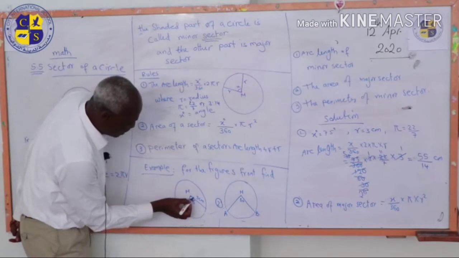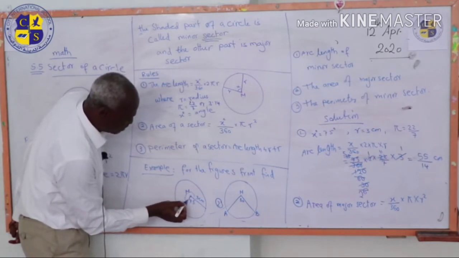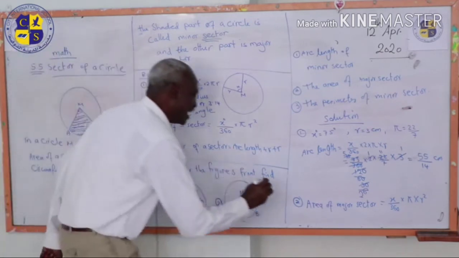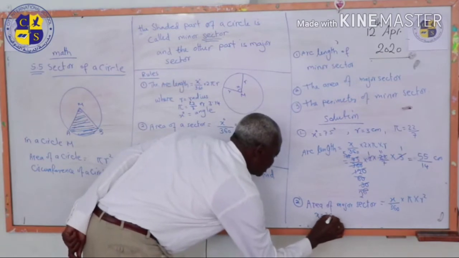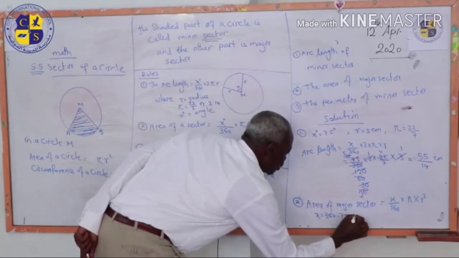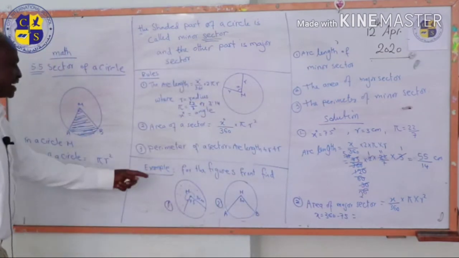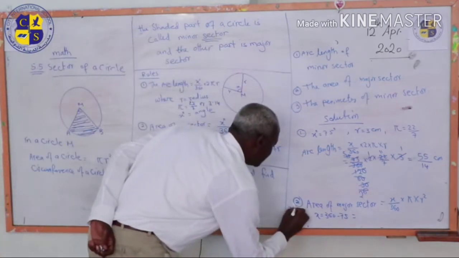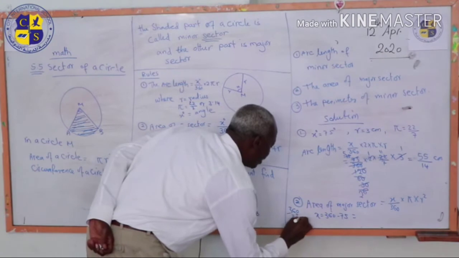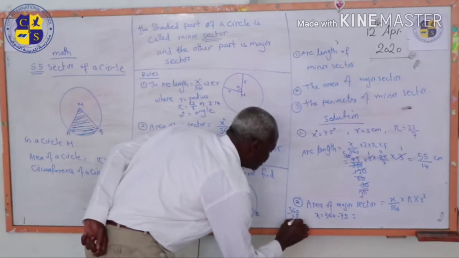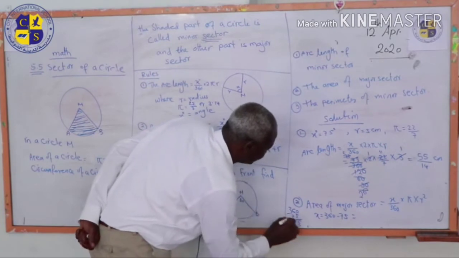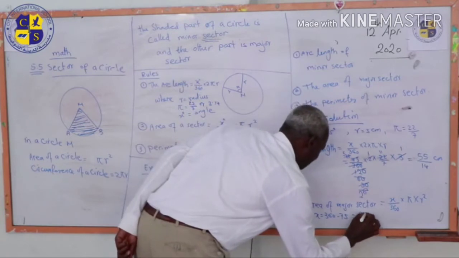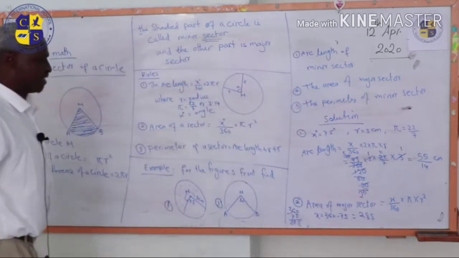Here I have 75 degrees for the minor. This is the major sector. So you should find out x is equal 360 minus 75. Find out what is equal. 360 minus 75 is equal 285.